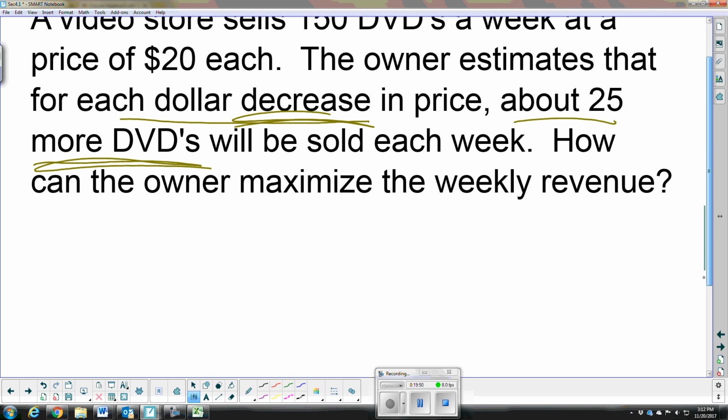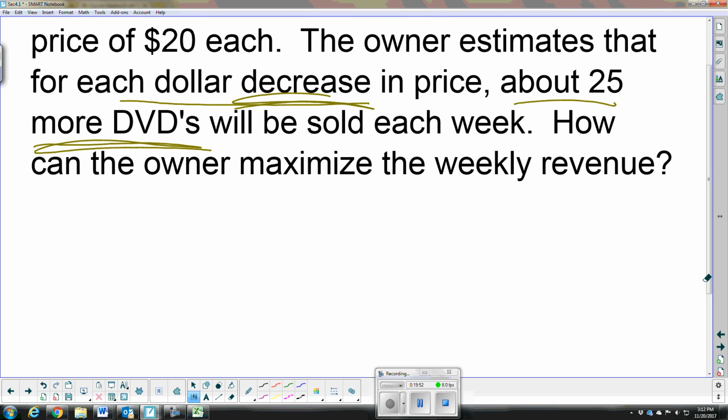Well, first we need to figure out, okay, how do we measure revenue? Our revenue is measured by the price of our product times the number of units sold.